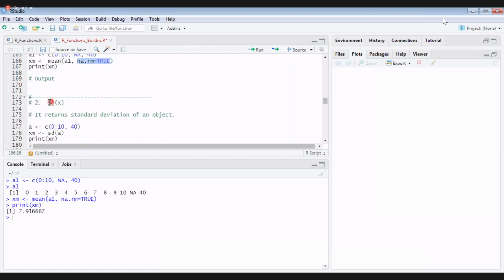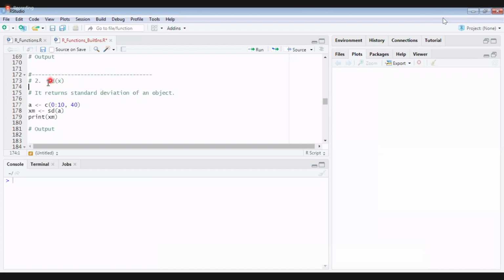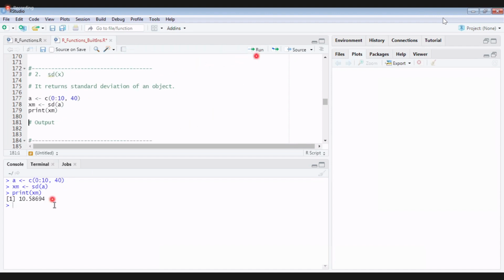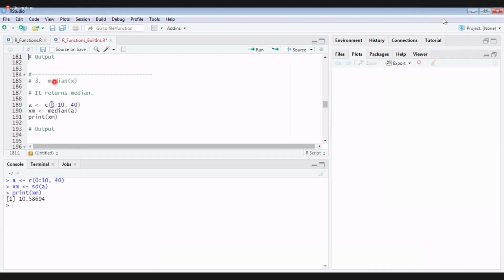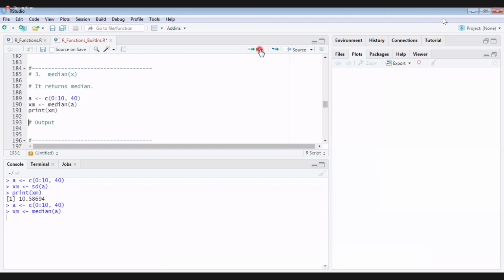Likewise, you can calculate standard deviation. For calculating standard deviation, you have the function sd. If you want to find the median, you have the function median. Again, wherever there are NAs, you can use na.rm equal to TRUE.